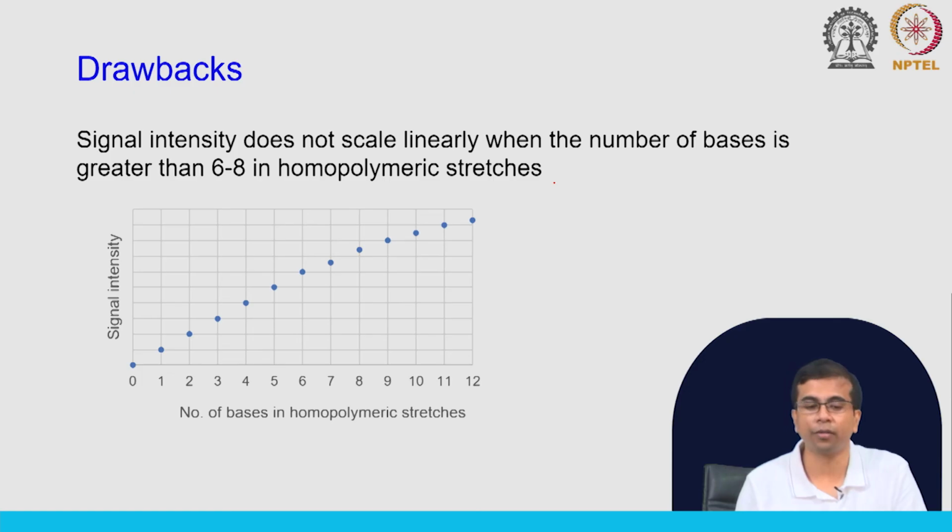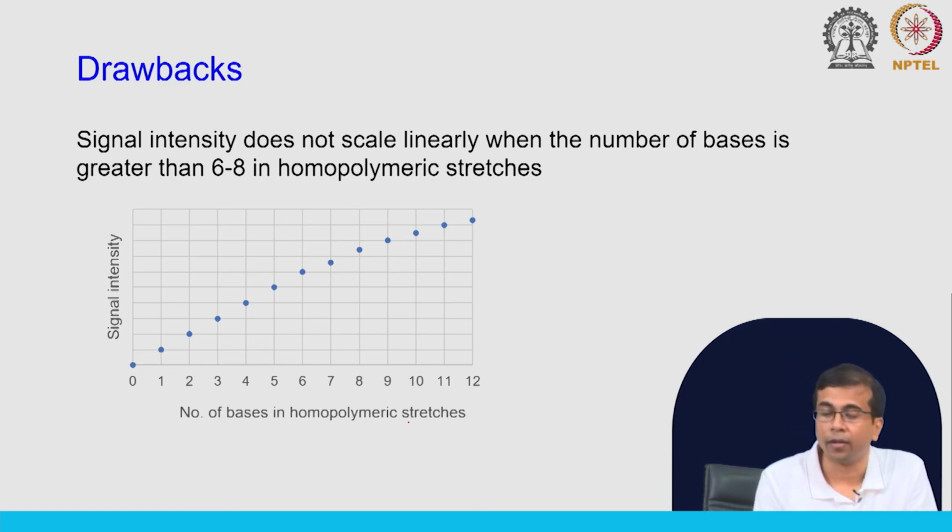Here is a schematic of the whole thing. The x axis is the number of bases in homopolymeric stretches, as I just explained, and the y axis is the signal intensity. In the initial part, up to 6 to 8, it is linearly proportional: the signal intensity is linearly proportional to the number of bases in the homopolymeric stretch. But after that it slowly starts to saturate.